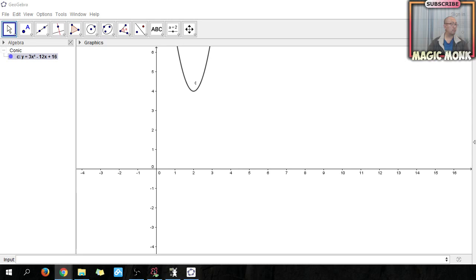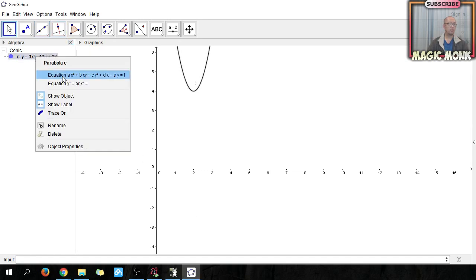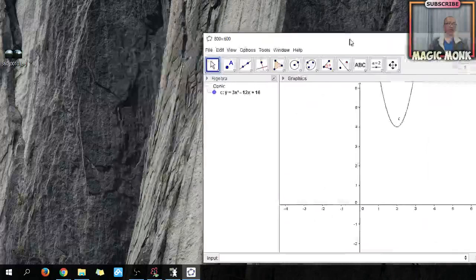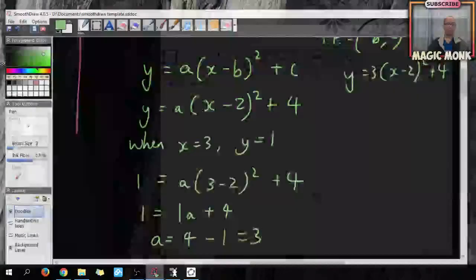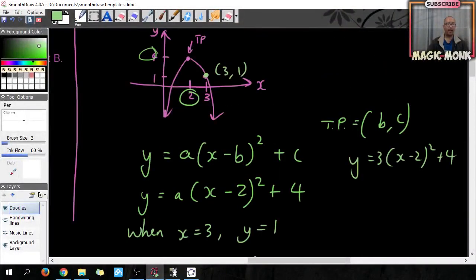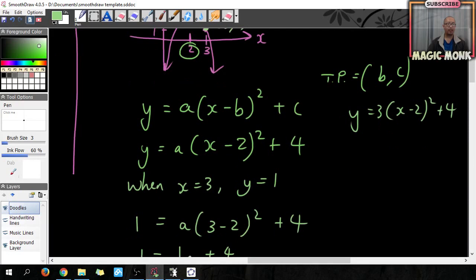Well, that sucks. 3 bracket, what did it just do? Oh, I forgot a negative. So here a has to be negative because we are going down. So it has to be a negative.